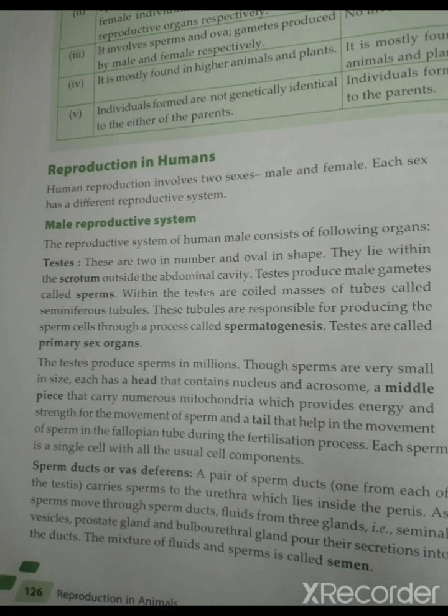Next, coming to the sperm ducts or vas deferens. This is the part where the sperms are carried to the urethra, which lies inside the penis. There is a pair of sperm ducts, one carried from each of the testes.